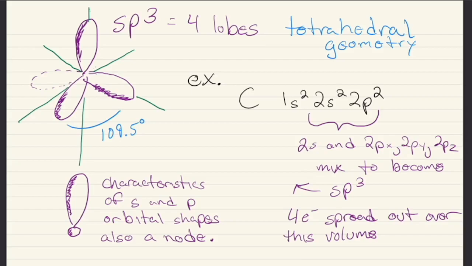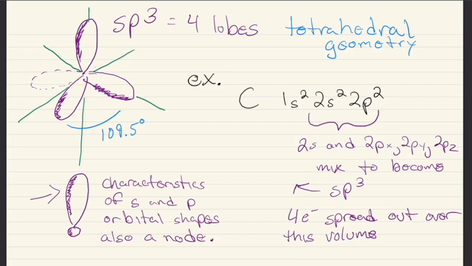Notice that these orbitals are a little skinny, similar to the p orbital. Notice they're not necessarily symmetric in their lobes, but there are 2 lobes, and I have shown this down here. That is what an individual sp3 hybridized orbital looks like, but we have 4 of them.